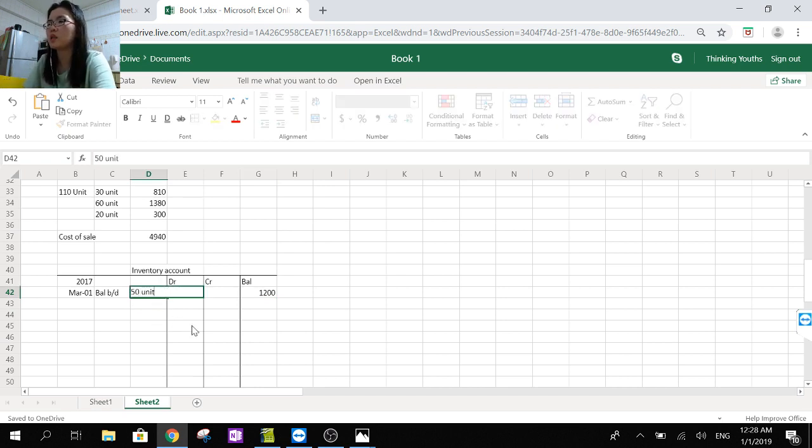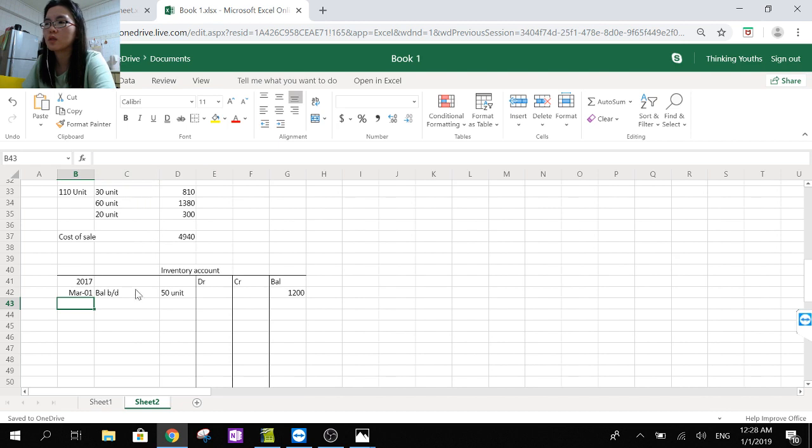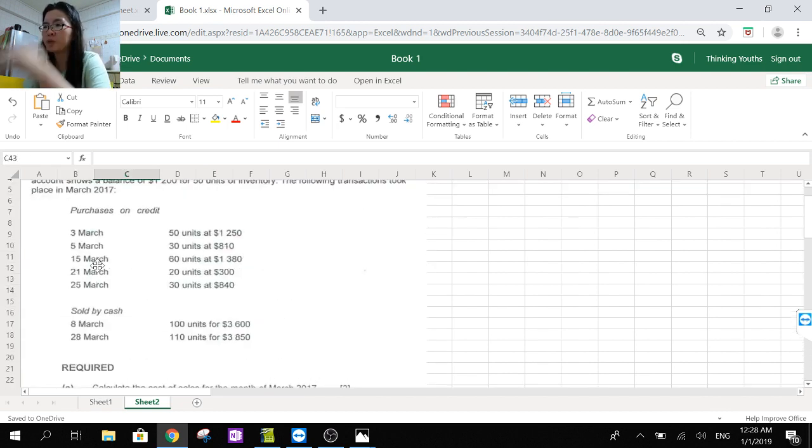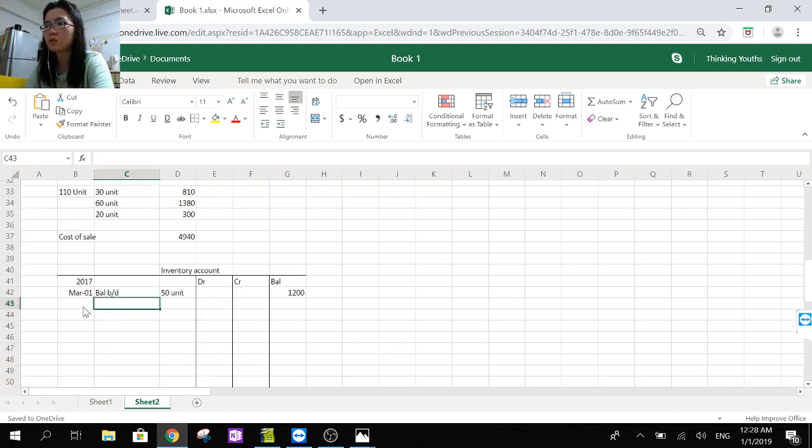Because when you are selling, you need to ensure that you remember the rule is first in, first out. Okay, so when you purchase, you have to go according to the date. So on the 3rd March is the first time that you make the purchase.